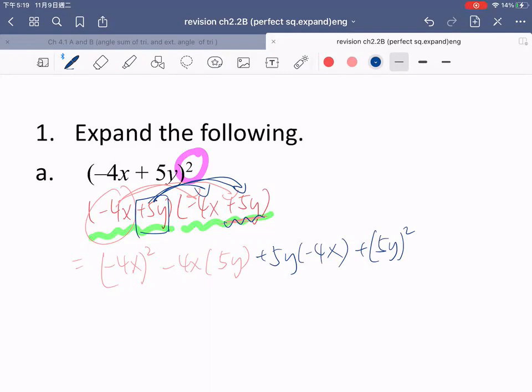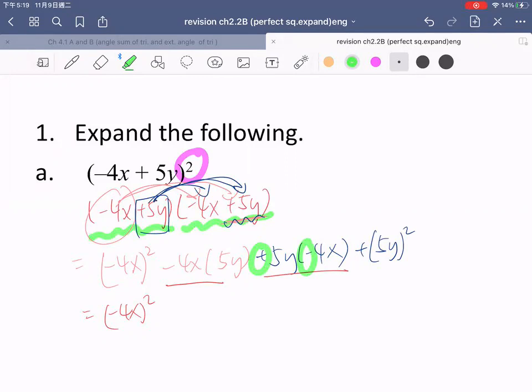Okay, so we have this one, minus 4x bracket squared, and in fact they are the same, right? Because this one is positive, that one negative, so multiplying positive times negative gives you negative, right?